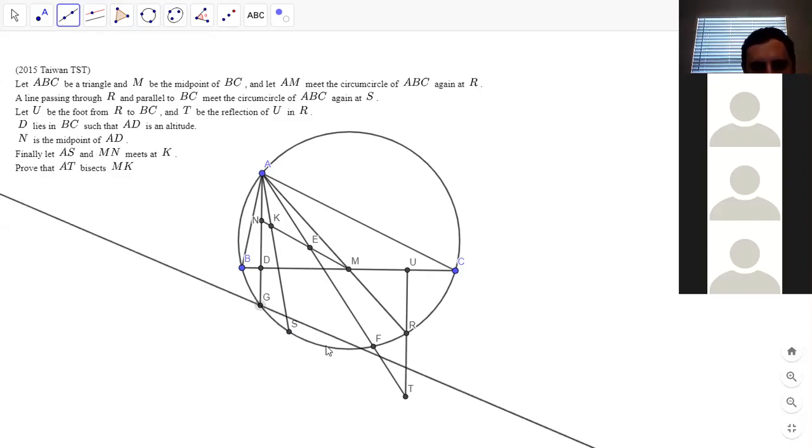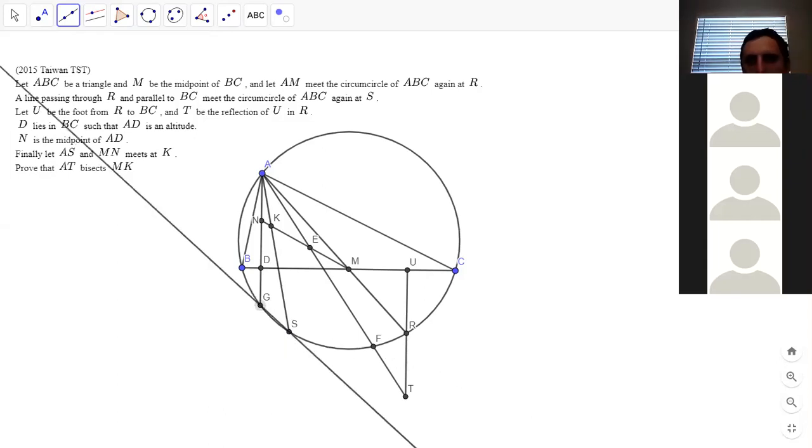No. So yeah, K is the symmedian point. We could draw the other symmedians too, if we want.